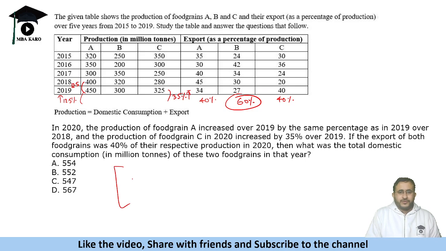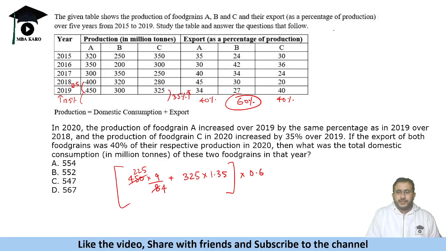So 450 into 12.5%, 9 by 8, plus into 1.35, we'll have to calculate, and then find 0.6 times of it because 60%. So this is 225 into 9 by 4.